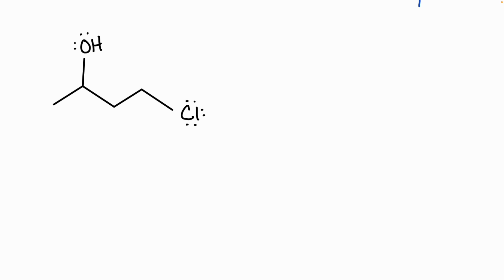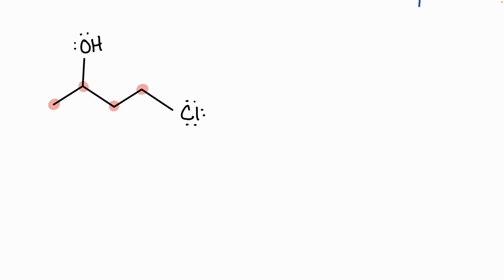We're going to find our parent chain just like we normally do: 1, 2, 3, 4. But importantly, when we number our parent chain, this is what we saw the first time we were introduced to our first functional group, alkenes. We're going to number our parent chain in such a way that we prioritize that functional group.